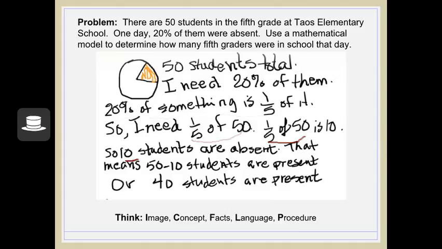So 10 students are absent, and ultimately they're recognizing that they need to answer the problem, which requires that they subtract 10 from 50 and have 40 students that are present. You'll notice that they've used images, they've used concepts, shown concepts, they've got some facts here. 20% of something is 1/5, and really have focused on language.